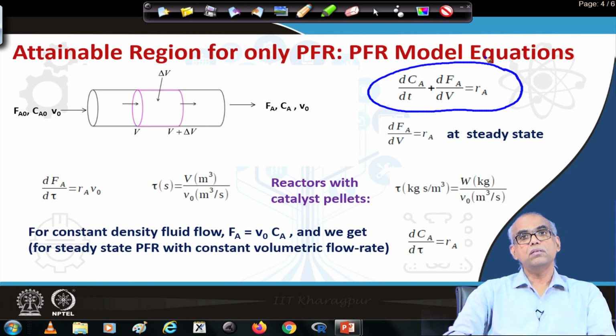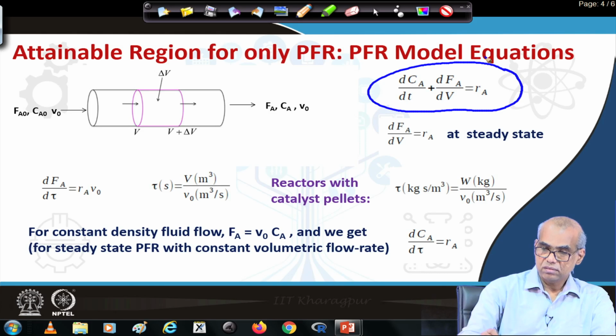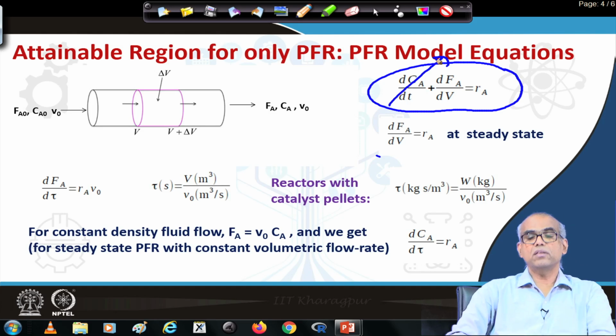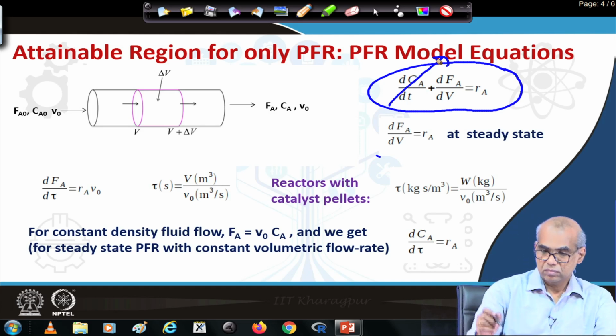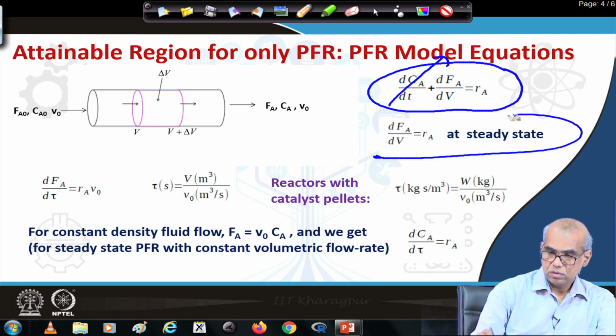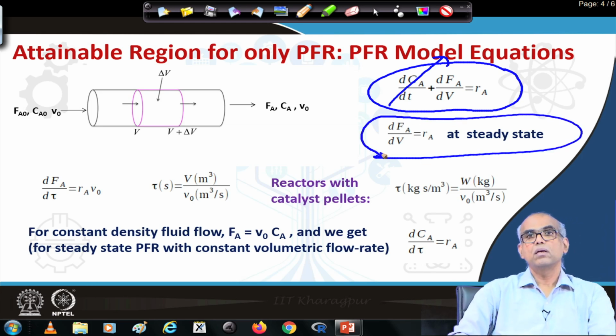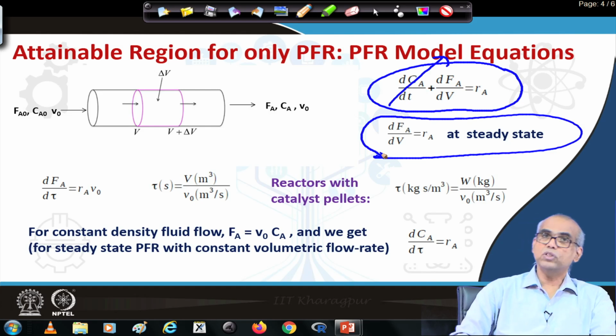Note that at this stage it is basically a partial differential equation, as there is dependence on two variables, both time and volume. So, at steady state we can drop the dCA/dt term. So, this becomes my steady state differential equation representing a plug flow reactor.